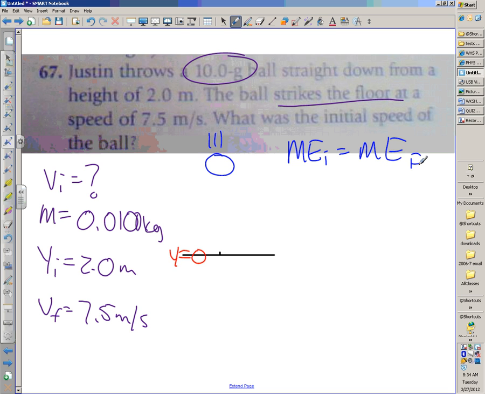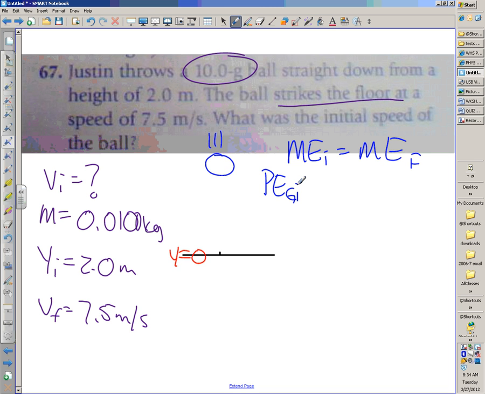Here's where this problem gets a little different. Let's take a look at the beginning. Is the ball at the reference point at the beginning of this problem? It's not. So that means it's going to have what kind of energy at the beginning? Definitely gravitational potential. But, as we just discussed, what is it doing right when it leaves Justin's hand?